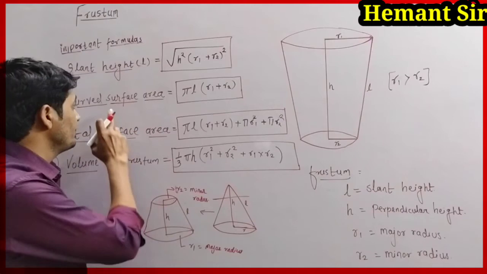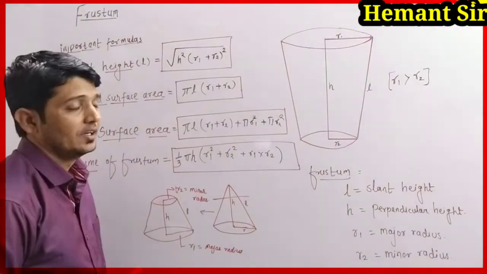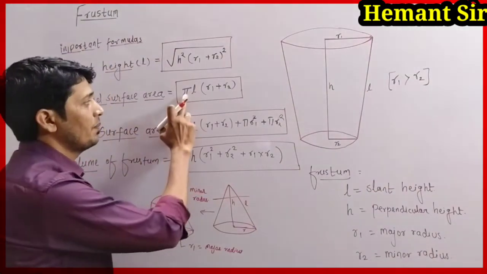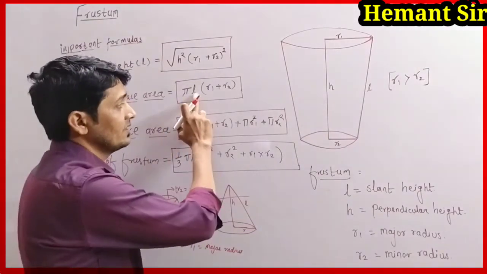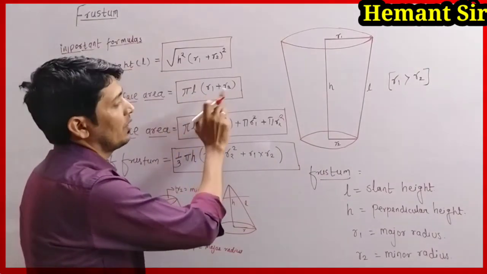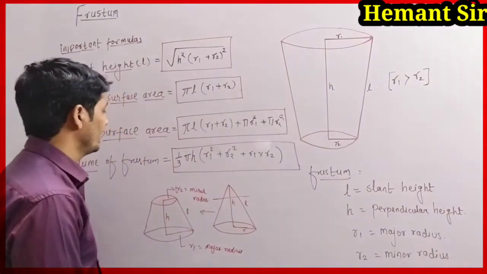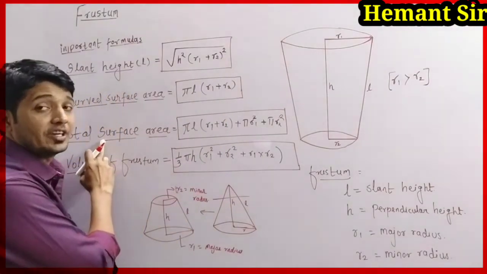Okay, now we have the curved surface area. So curved surface area is pi L into R1 plus R2, where pi is 22 divided by 7 and L is the slant height. Then we have the total surface area, TSA.